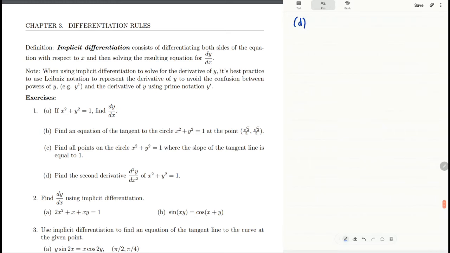Now in part D, let's look for the second derivative of the unit circle. So we're looking for d squared y over dx squared, which is the derivative of dy over dx.